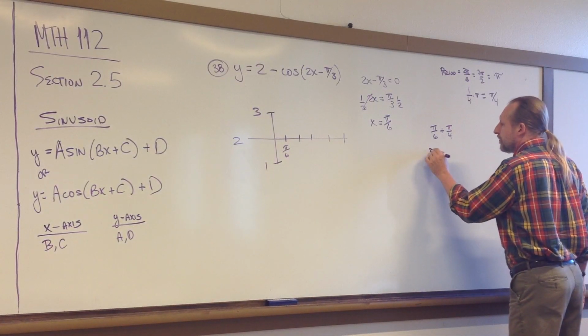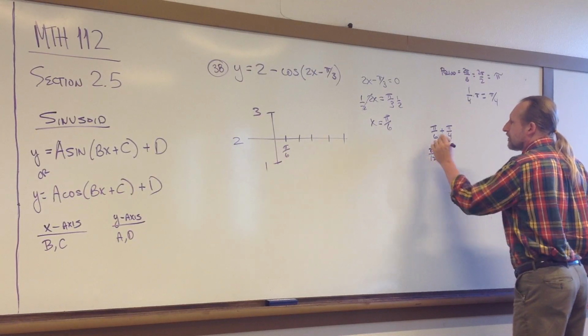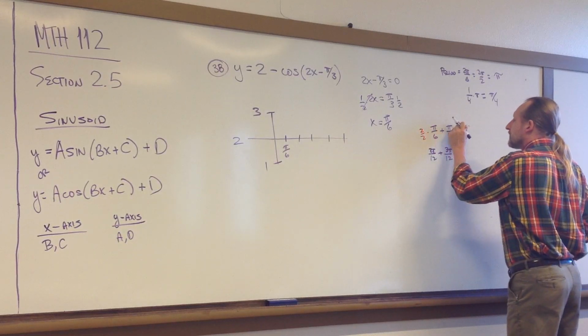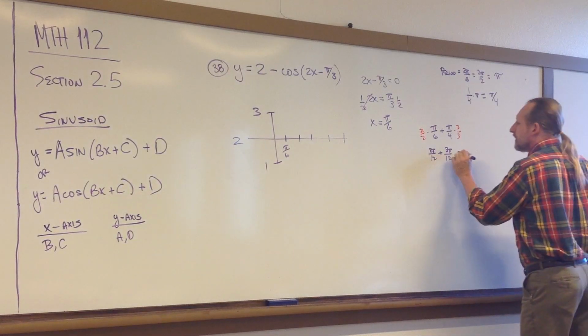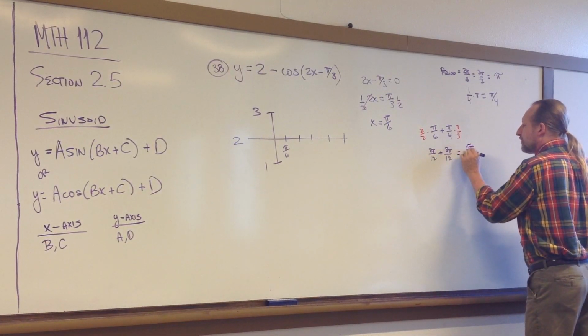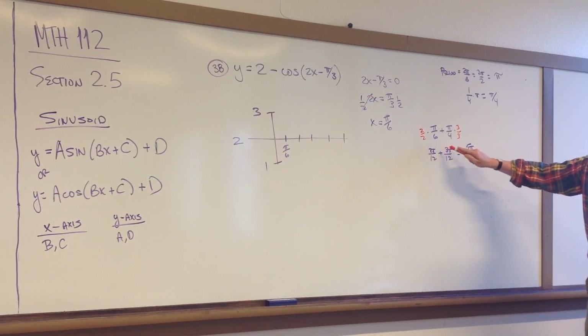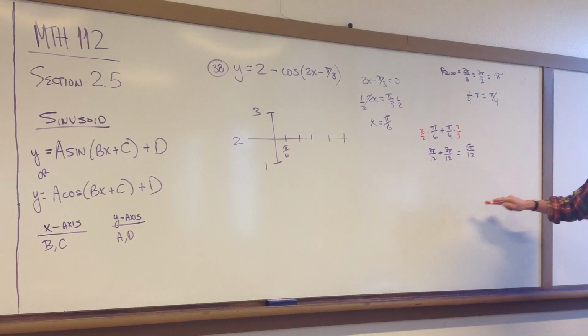So this is 2 pi over 12, and this is 3 pi over 12, because this gets multiplied by 2 over 2, and this one gets multiplied by 3 over 3. So this will be 5 pi over 12, and then if you want to, you can skip count by 3s. 8 pi over 12, 12 pi over 12, 15 pi over 12, 18 pi over 12.